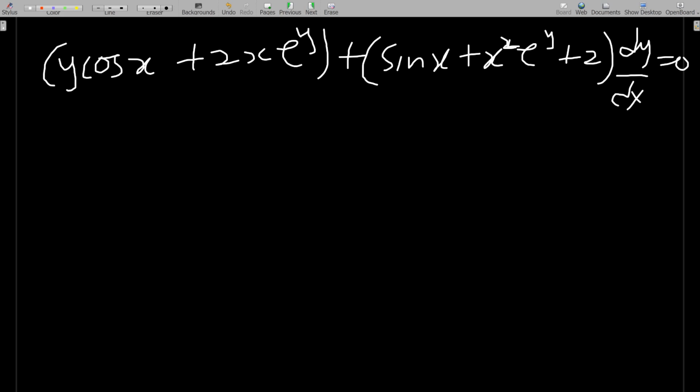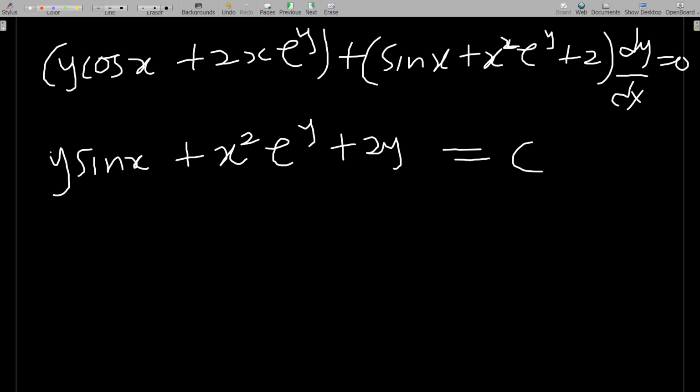So you're supposed to solve this, and the answer is y sine of x plus x squared e to the y plus 2y equals some constant c. Okay, so always remember this. Now with this particular question, I think you are supposed to use the method I said.